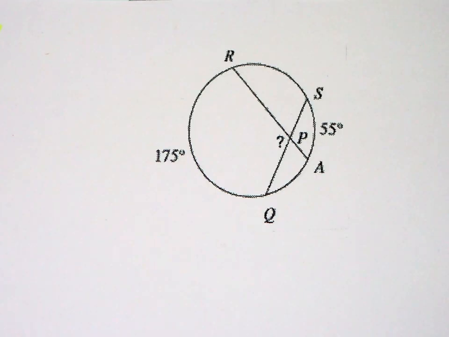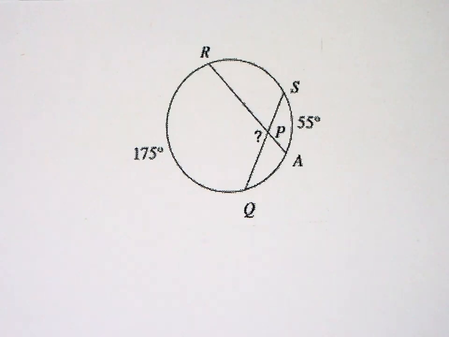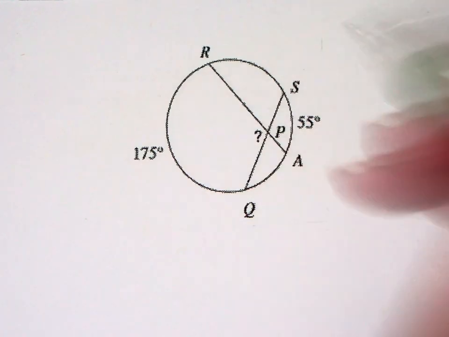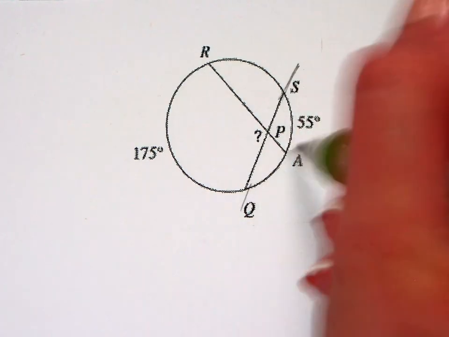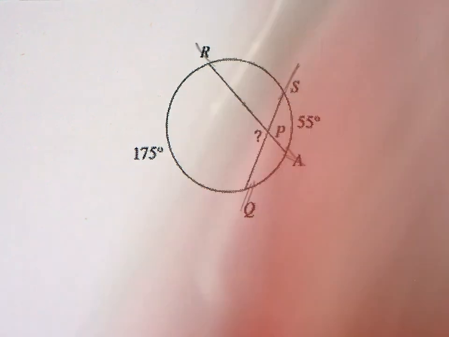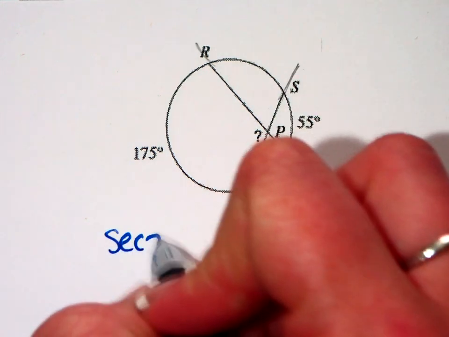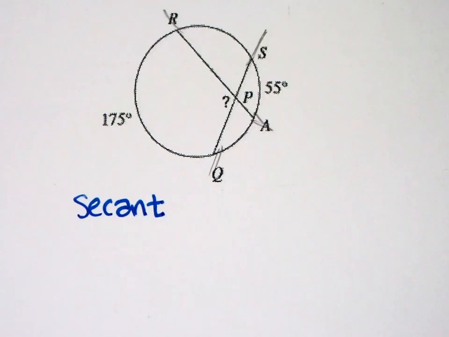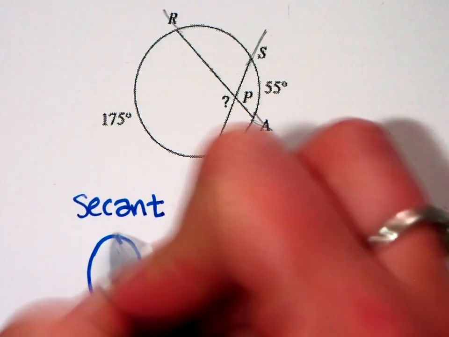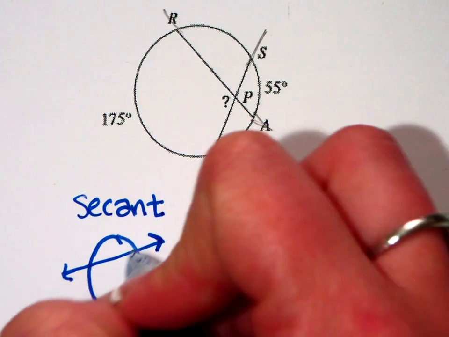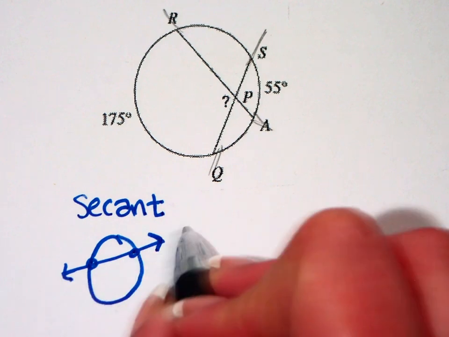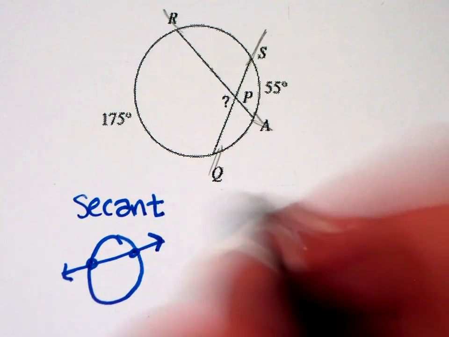This next problem involves secants and chords. Notice how we've got two pieces of a circle. It kind of cuts through. This is just a little bit of review from your notes. A secant is something that intersects the circle at 2 points. So this full line is called a secant.